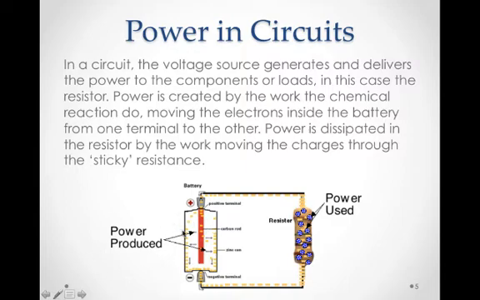So the source in any circuit is what produces the power, and then the current flows easily through a conductor, so no work is being done here, but to push and pull those charges through this sticky resistor takes work, and that is where the power is being used. So this power is being produced in the battery, delivered without any work to this point, being used in the resistor, and then the charge cruises back to the battery.